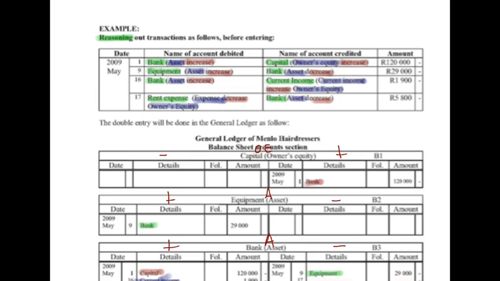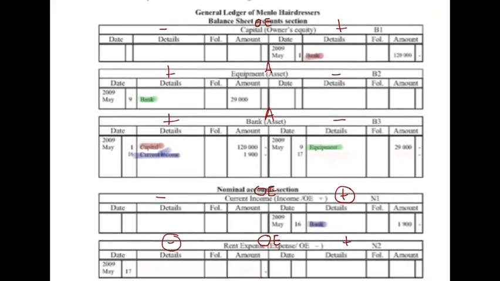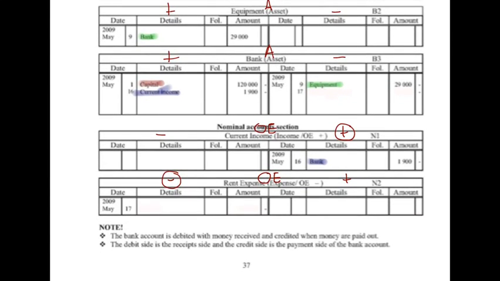So all expenses always go to the debit side of owner's equity, because that's the decreasing side. So in rent expense, I'm losing money. My expense of 5,800 is going out of my owner's equity account. We're actually creating the expense for it, and the other account that I will use is going to be bank.